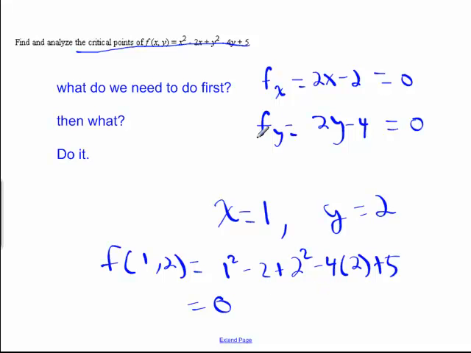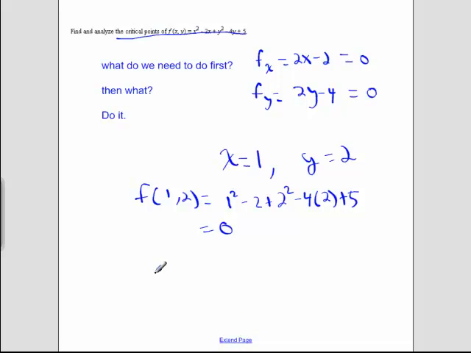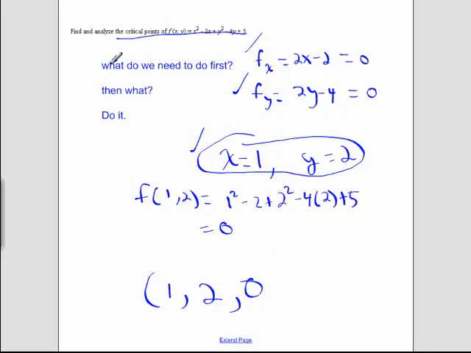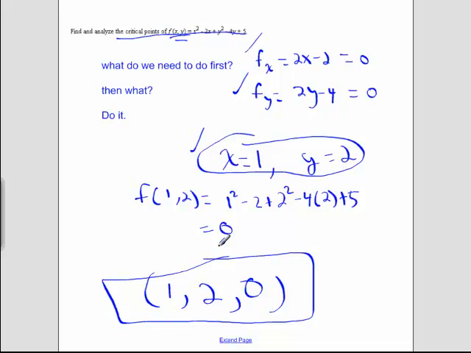So my critical point then, therefore, is at when x is 1, because that makes my partial with respect to x 0. When y equals 2, because that makes this 0. And when z equals 0, because that I got from plugging my known points into my function. So here is my critical point. Right now, we can't confirm whether it's a max or a min, but we found the critical point. We will learn later how to identify max or min.